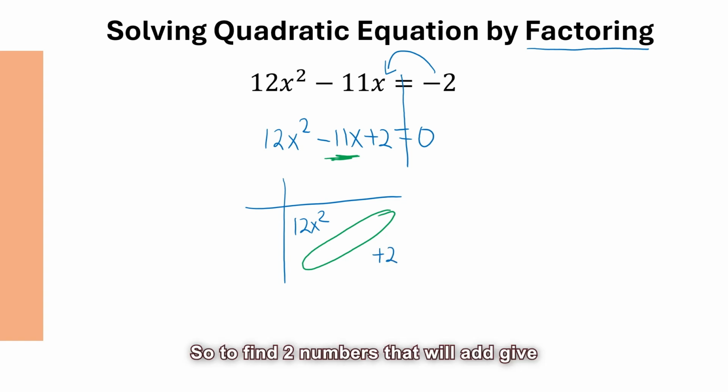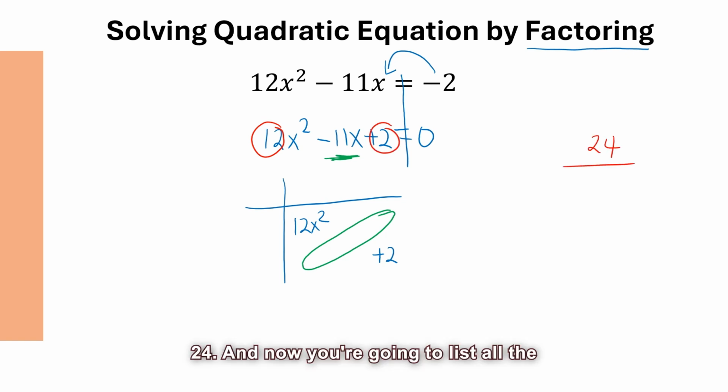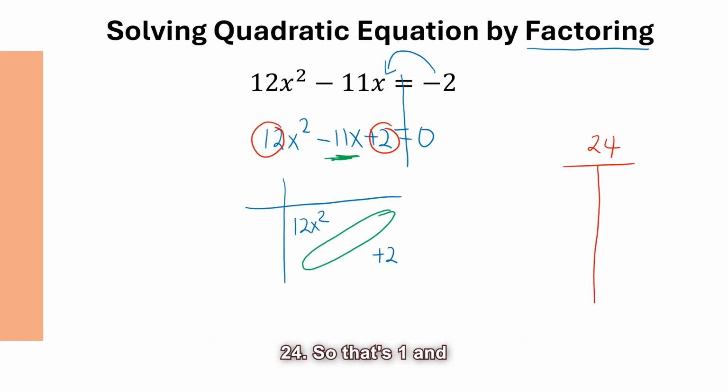To find two numbers that add to give -11x, you multiply the number in front of x squared times the constant, which gives you 24. Now list all the pairs of numbers that multiply to give 24: 1 and 24, 2 and 12, 3 times 8 is 24, and 4 and 6.